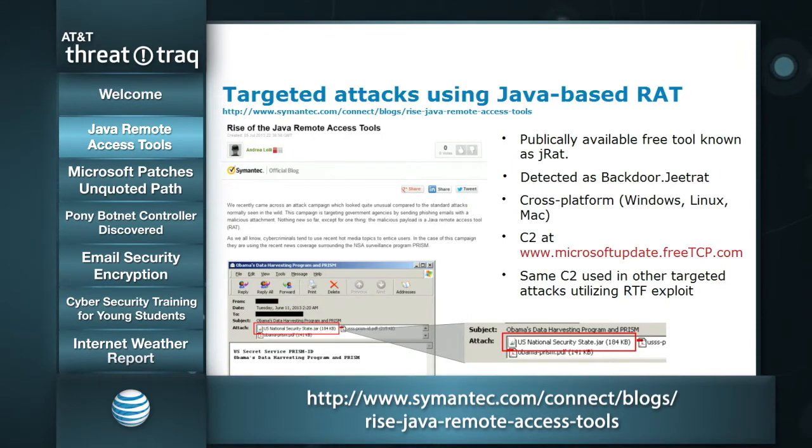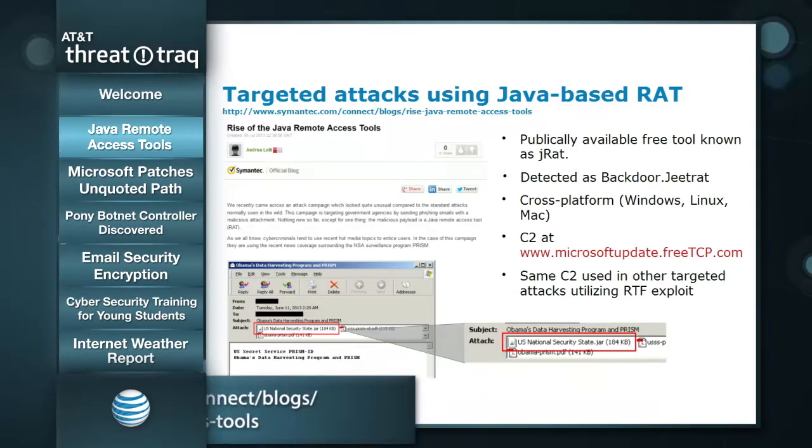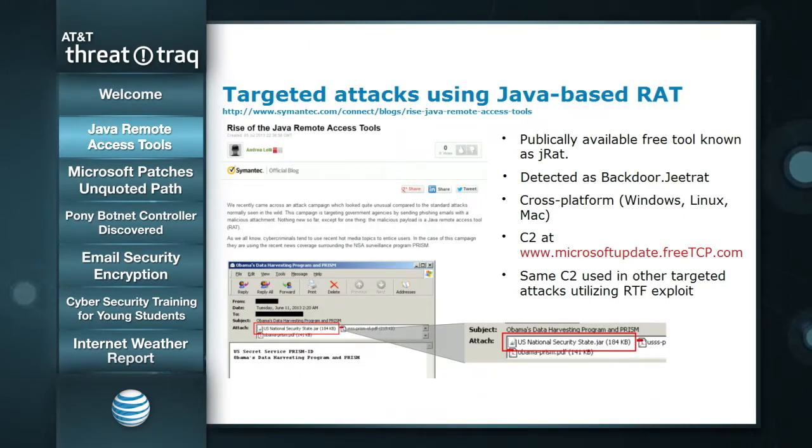And so what we've been detecting, and actually Symantec has a write-up here as well about it, is there's been a specific campaign going on targeting government agencies, and the spear-phished email has two PDF documents in it, but usually those are benign. And there's also an additional one that ends in .jar, which means it's a Java archive, basically, an app inside a jar file.